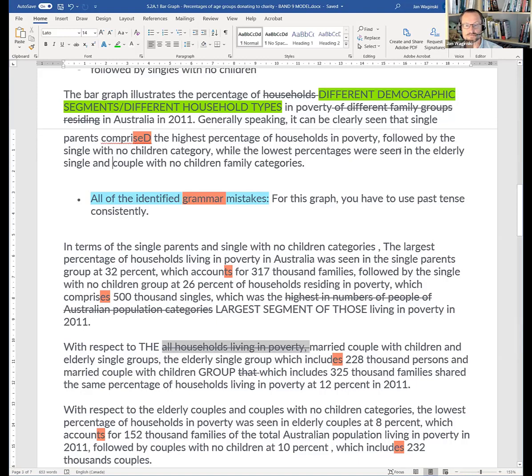The lowest percentages were seen. What's the preposition that you need to use?